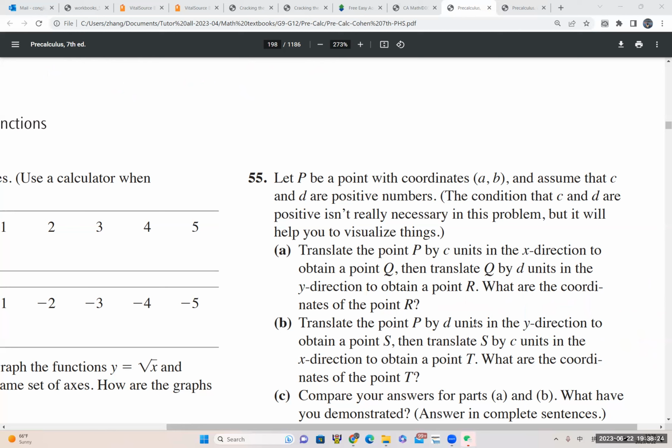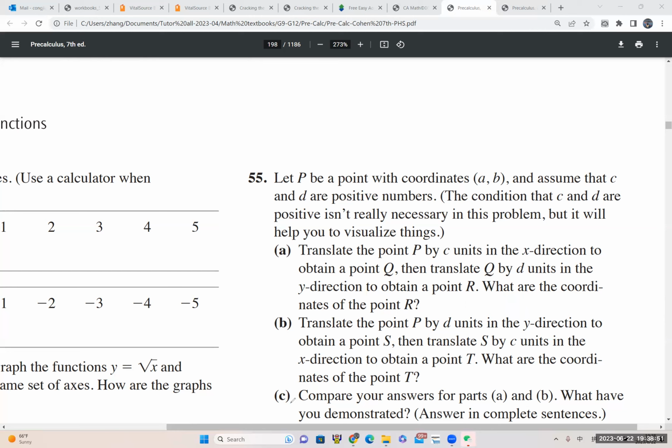Then how about part B? Translate point P by D units to obtain S, then translate by C units in the x direction. Yeah, so I suppose it's the same, right? Then part C, compare your answer for part A and B. What have you demonstrated?